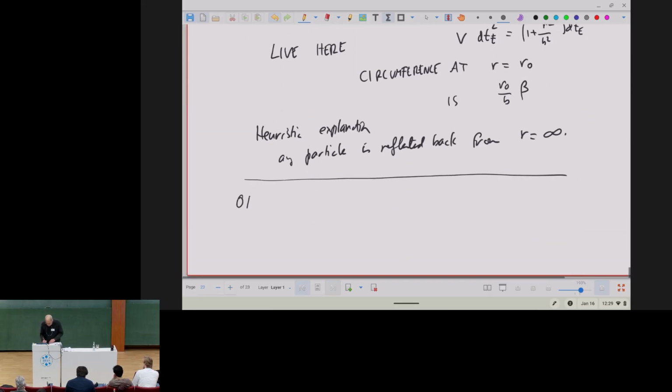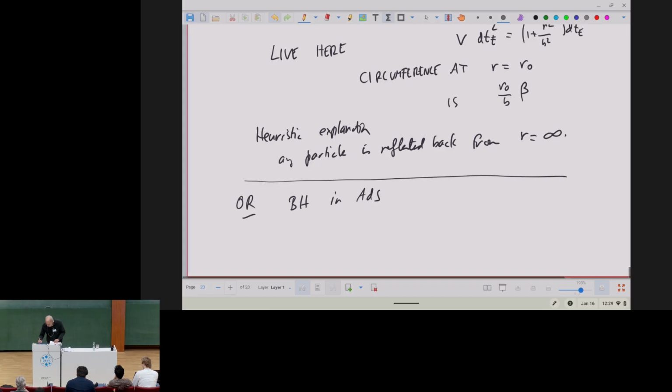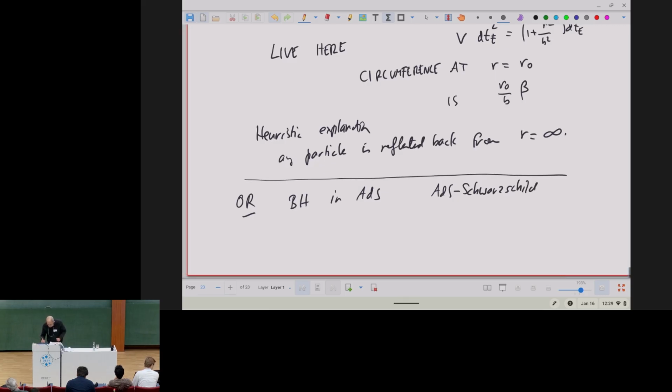Or we can look at the black hole in AdS. So the AdS-Schwarzschild solution is given by the same thing, but now V is different.